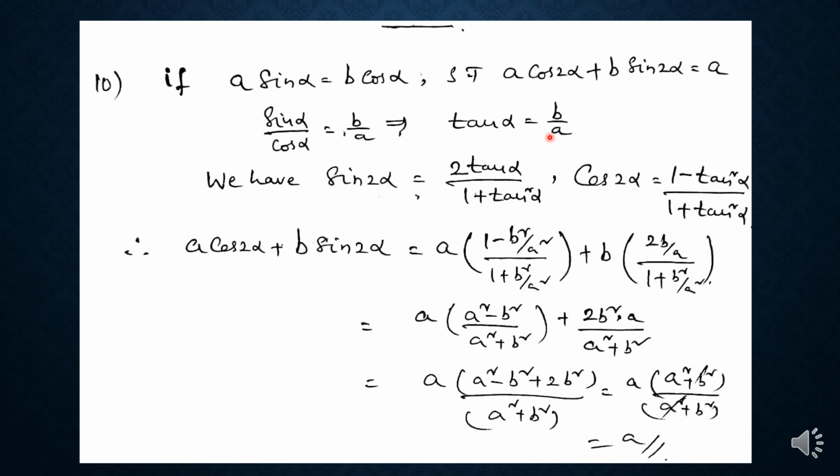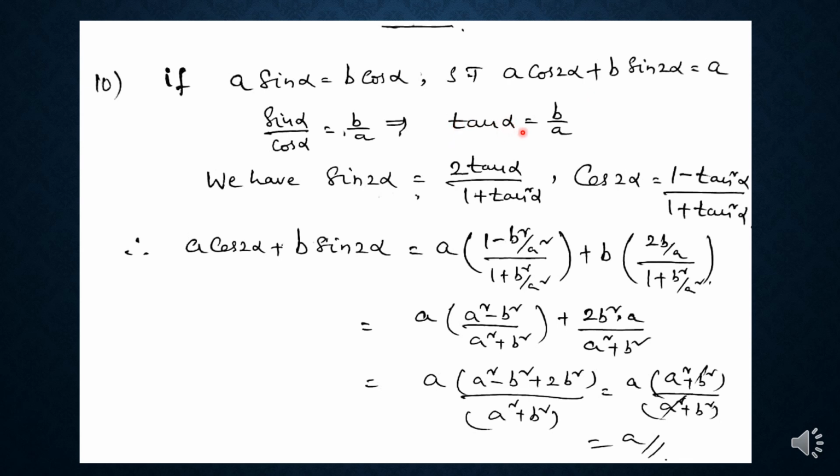So we know the value of tan alpha, and we have to prove that A cos 2 alpha plus B sin 2 alpha is equal to A. So we have cos 2 alpha and sin 2 alpha in the form of tan alpha. Formulas are there. So by substituting those formulae, we can get the required solution. So here we know the value of tan alpha.